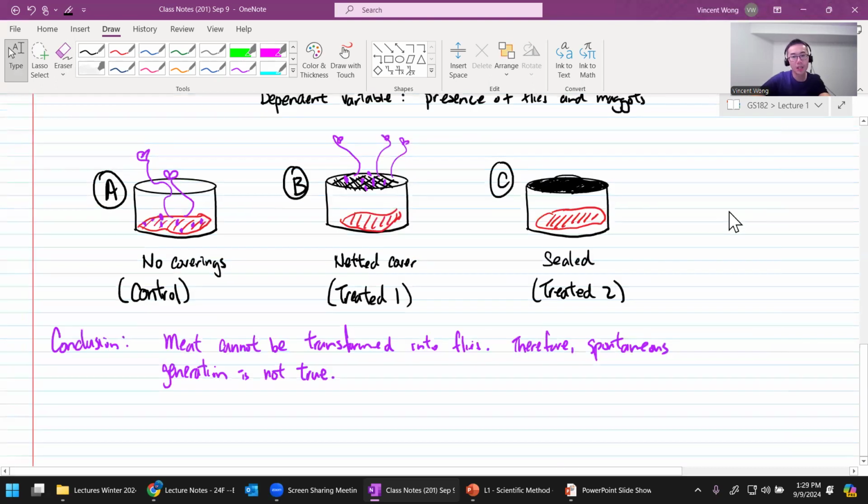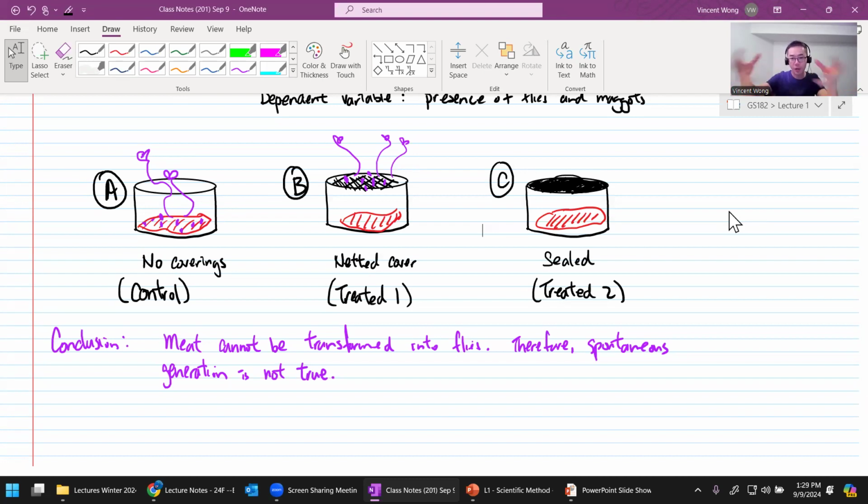Now I'm just going to talk through a bunch of standardized variables here. Other than the covering, everything else should be the same for this to be a valid experiment. So the meat he used would have to be the same type of meat, the same age, all fresh, for example, from the market. They would have to be in the same area.